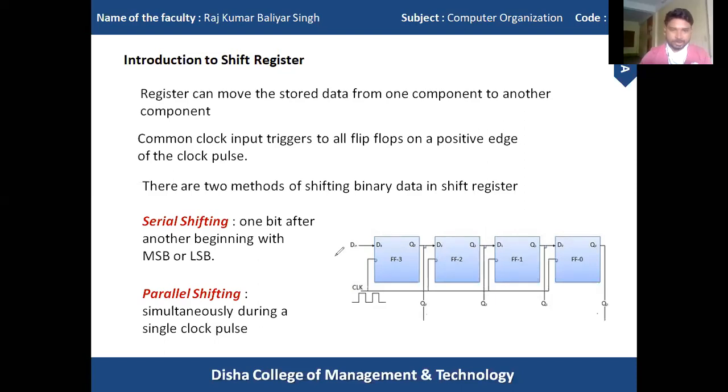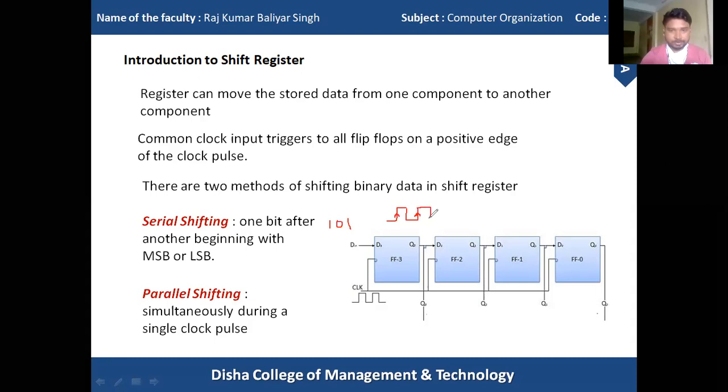Suppose I have the data 101. To transfer this 3 bit data, I need 3 clock pulses. The first clock pulse transfers the first bit, then the clock goes down, and when it is high again, the second clock pulse transfers the second bit.